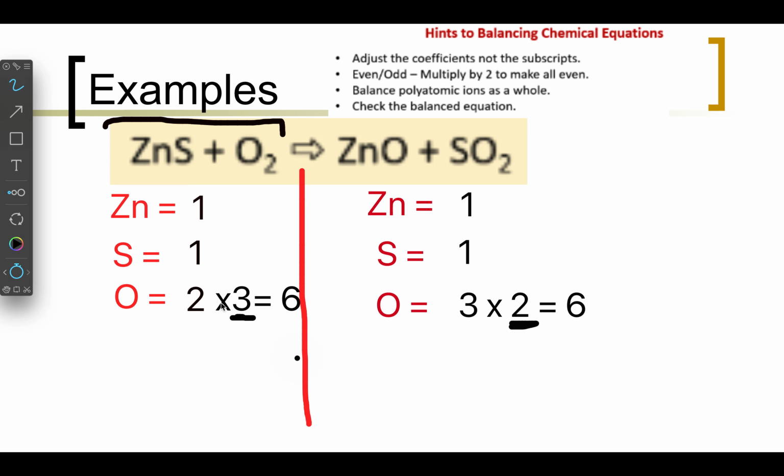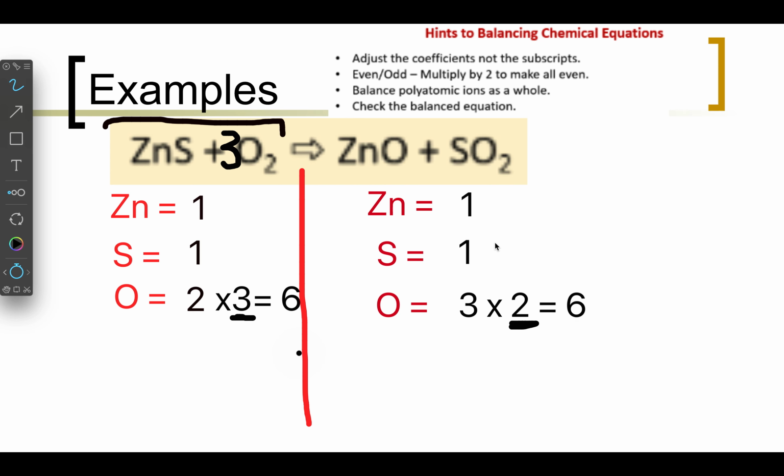So now we need to take those up into the top, right? So 3 goes right in front of here, as a coefficient. It came from down here. And here, we need to choose which one we're going to put the 2 in front of.